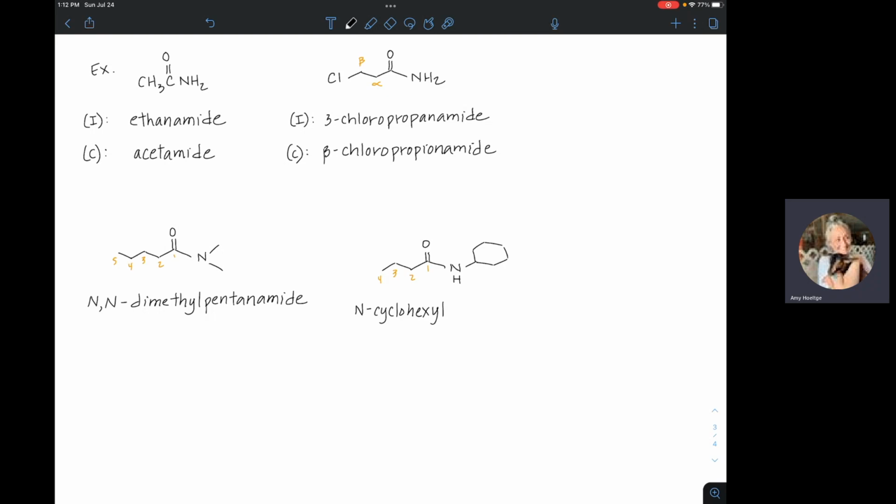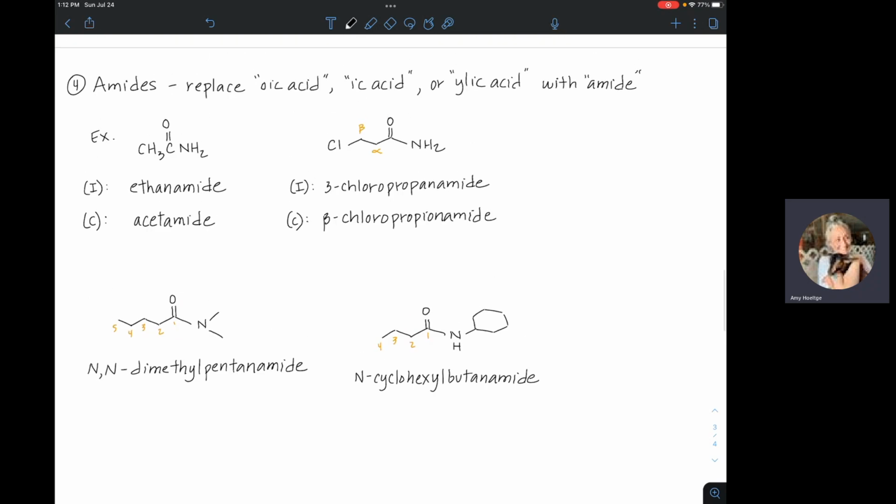So we have N-cyclohexyl butanamide. Or if you wanted to name it after common nomenclature, we would be dropping ic acid instead of oic acid, right? And it would be N-cyclohexyl butyramide. So those are the same.